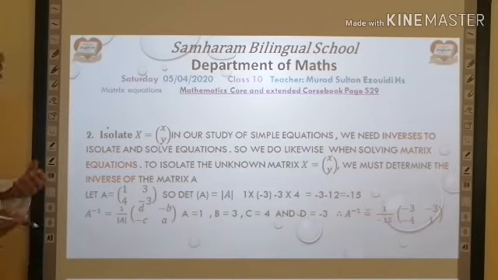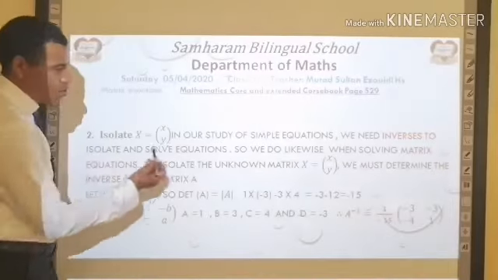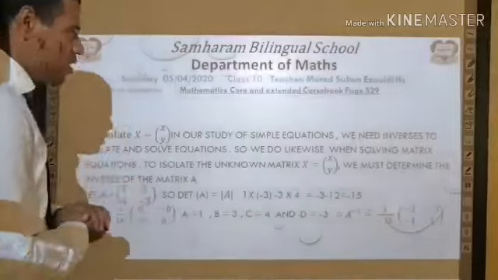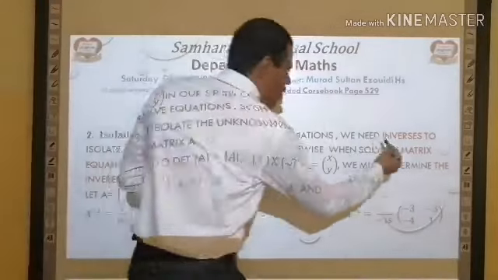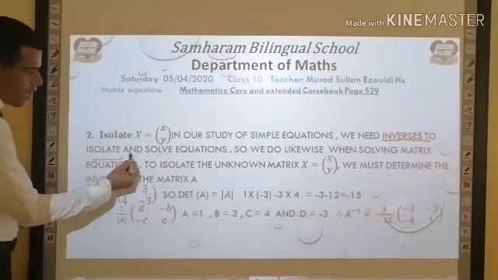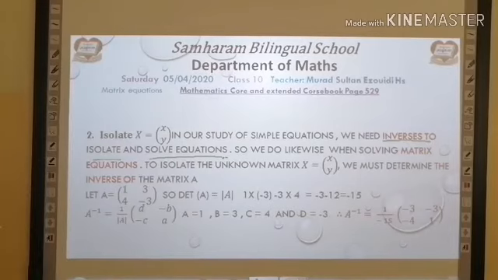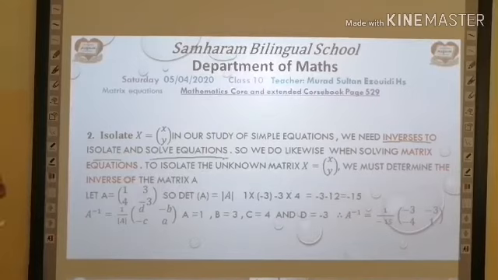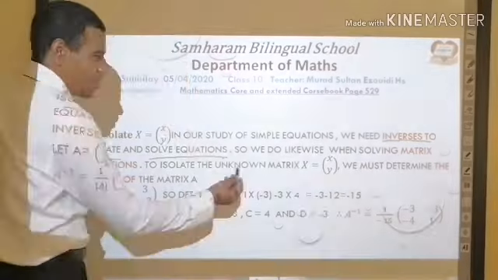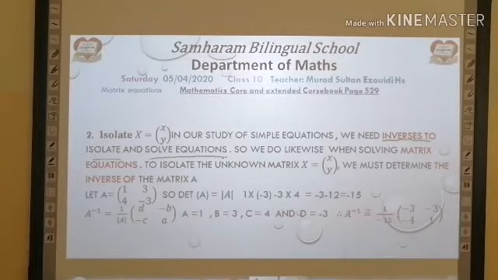First of all, we want to isolate the column vector X. In our study of simple equations, we need inverses to isolate and to solve the equations. So, we do likewise when solving a matrix equation. To isolate the unknown matrix X, we must determine the inverse of the matrix A.